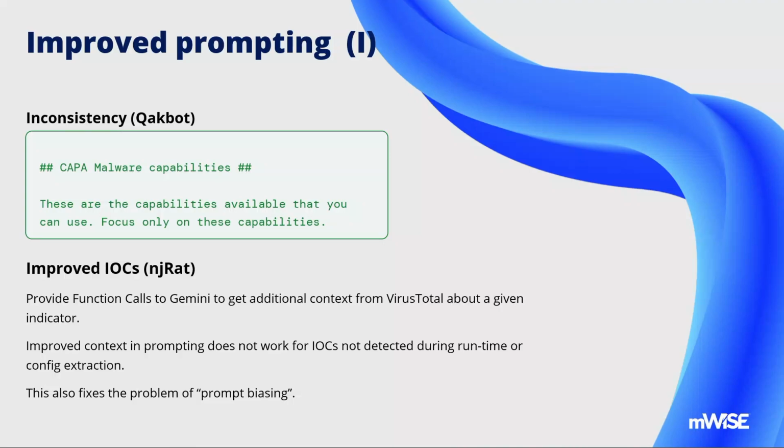The first one is about inconsistency. As the results were very inconsistent and we wanted to have a good way to compare, we decided to change the prompt. And we decided to use Kappa. If you are not familiar with Kappa, it's actually a very cool software that will provide you with the capabilities of the malware.